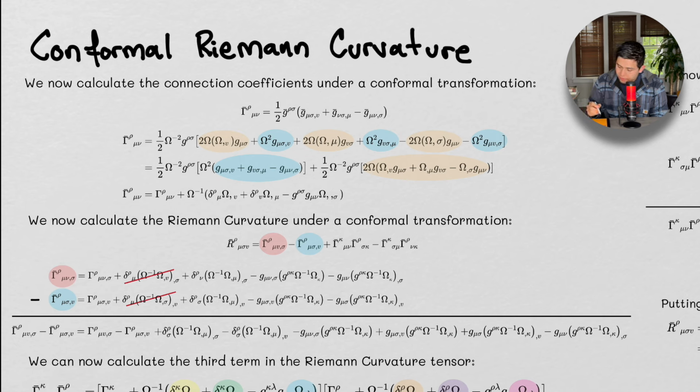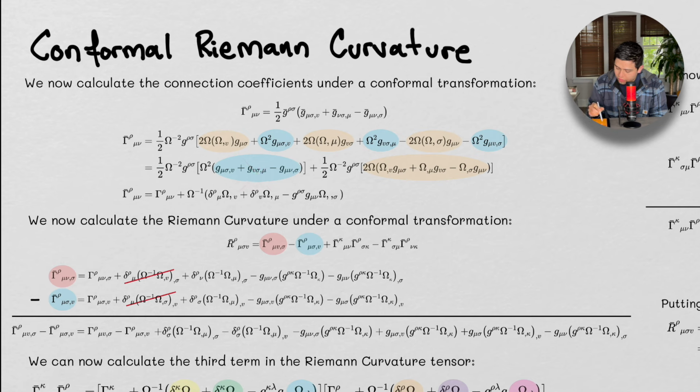Then we get to this point where we can collect all colored terms. Now we can see that this here is just our connection coefficient.